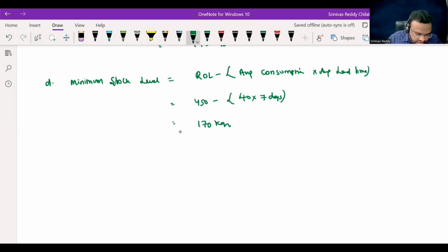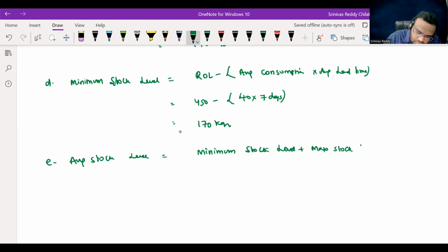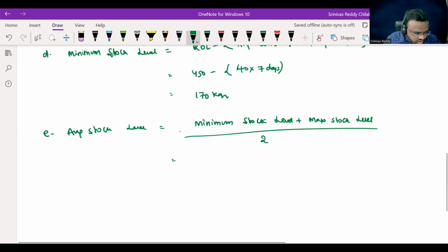Next one, average stock level. We have minimum stock level plus maximum stock level divided by 2. What is the minimum stock level?